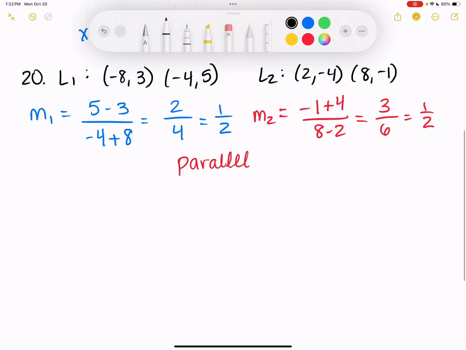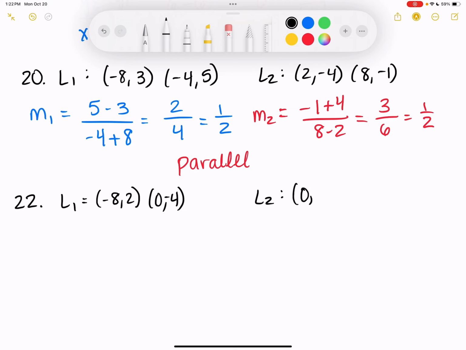Number 22. Line 1 is going to be the points (-8, 2) and (0, -4). Line 2 is (0, 5) and (8, -2).